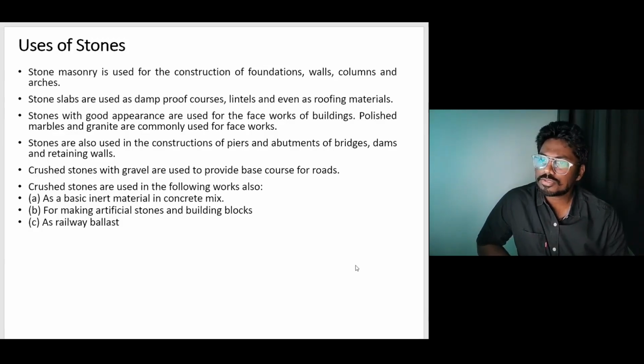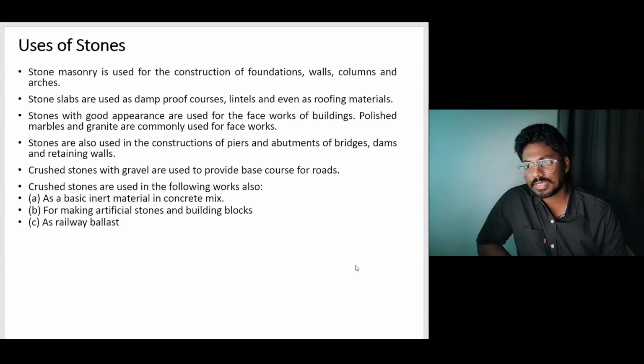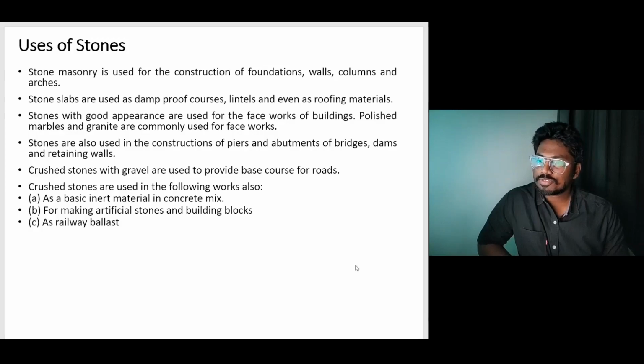Crushed stone is used in the following works as well. The basic inert material in concrete mix. Number one, the major amount of material in a concrete mix is basically crushed stone, which is also called coarse aggregate. For making artificial stones and building blocks, yes, even stones are used to make building blocks for much easier construction practices.